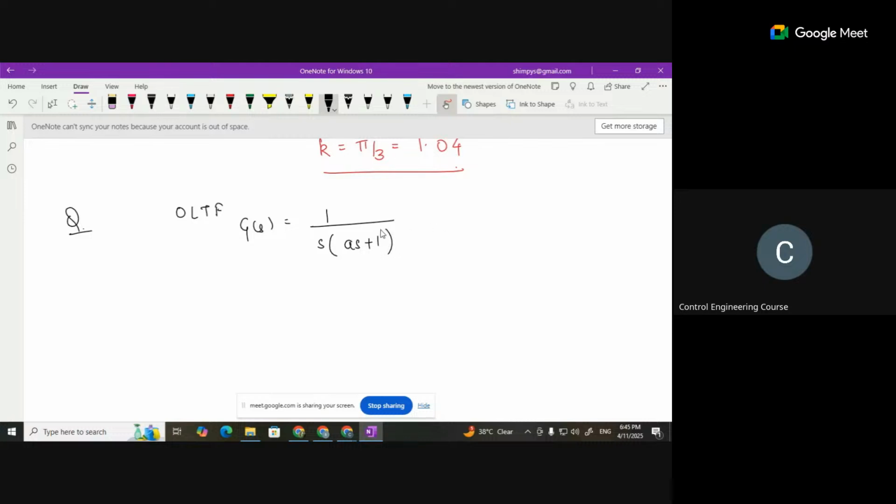And this value of A should result in a phase margin of 30 degrees. So for this value of A, my system should have a phase margin of 30 degrees. How will I proceed for this problem? Tell me the steps.